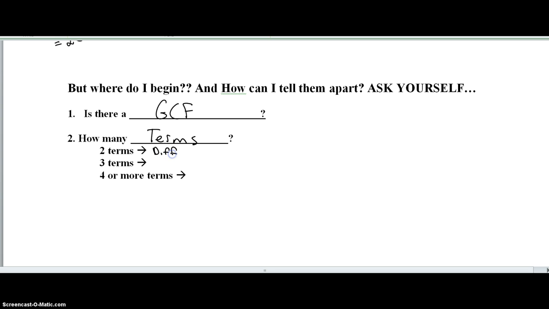If there are 2 terms, can we use the difference in squares? If there are 3 terms, then we can use our product and sum technique. If there are 4 terms, then we're going to look and see if we can do factoring by grouping.